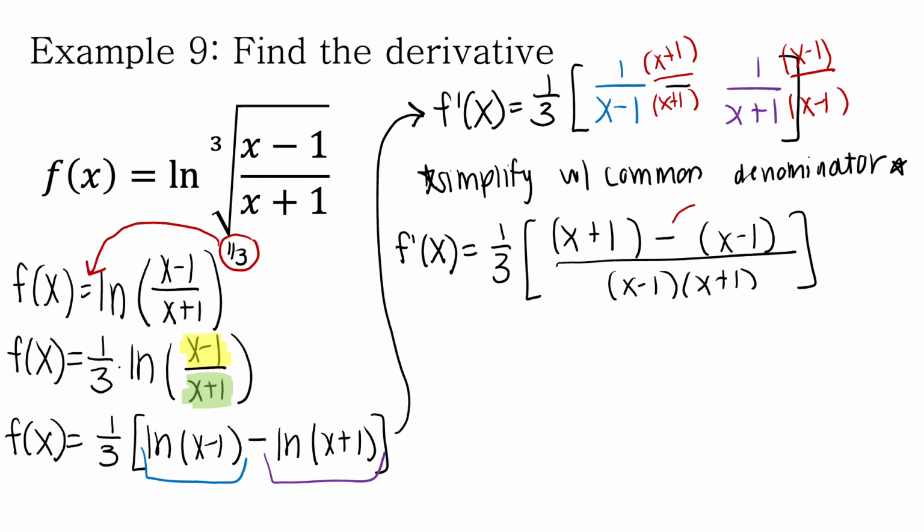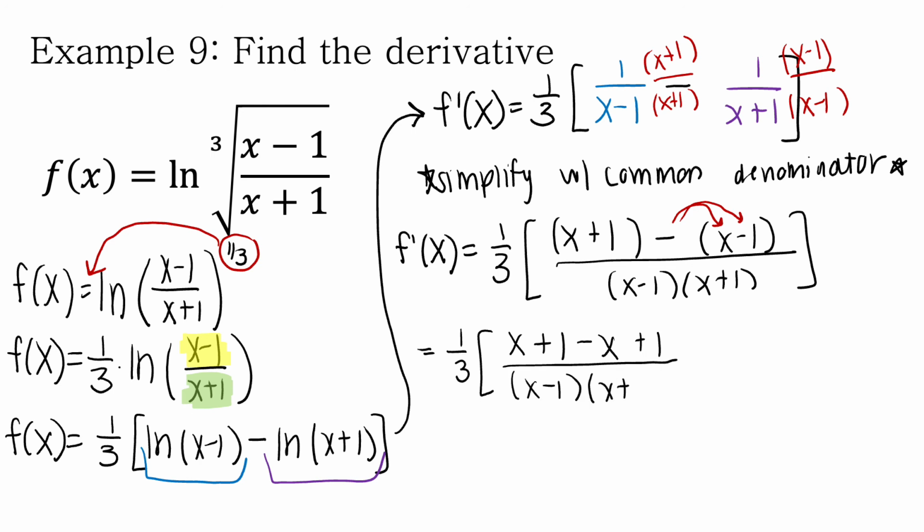Let's distribute our negative through. So this becomes 1/3 on the outside, x plus 1 minus x plus 1, all over x minus 1, x plus 1. Forgot how much fun this could be. Our x's are going to cancel. We have an x and a negative x, but notice both of our 1's are positive.